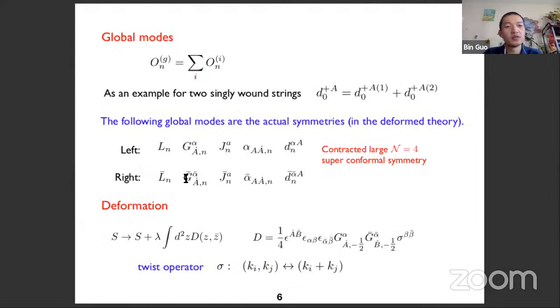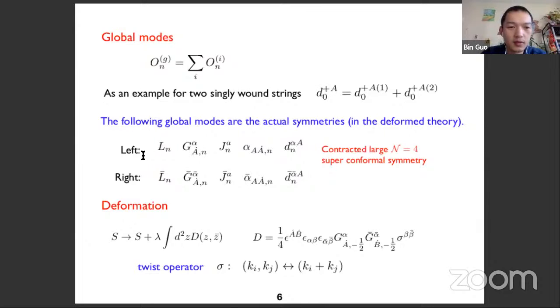Now let me define the global modes. A global mode is defined as the sum over the modes of all copies. For example, if you look at two singly wound strings, the global D0 mode is the sum of the D0 mode for copy 1 and the D0 mode for copy 2. The reason we use global modes is that they are the actual symmetry of the system.